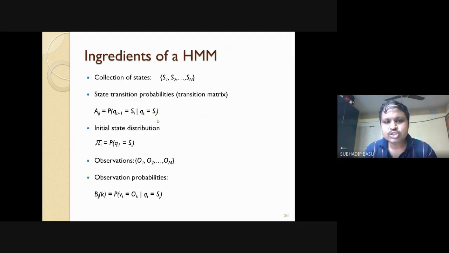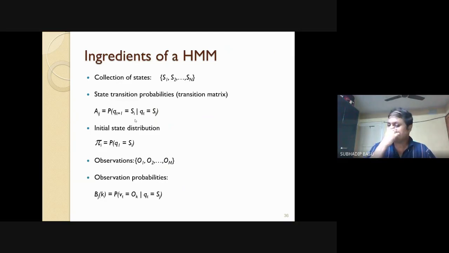So what is your current state Sj, and what is your current state Si? We will take up a specific problem, and then we will see how this state transition probability, basically a matrix, can be constructed.